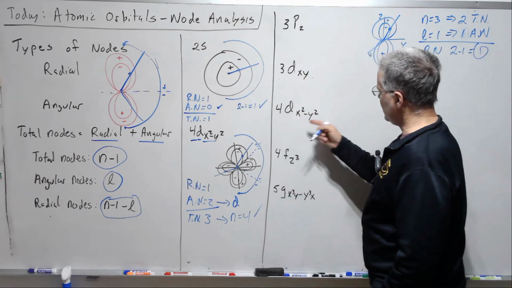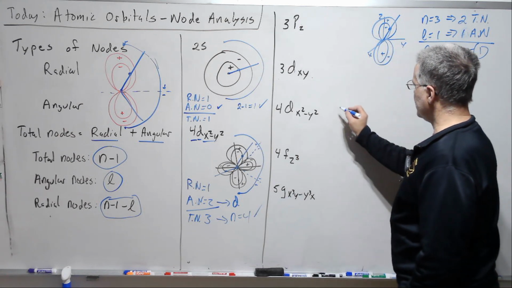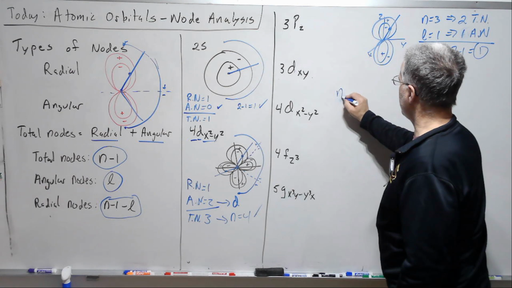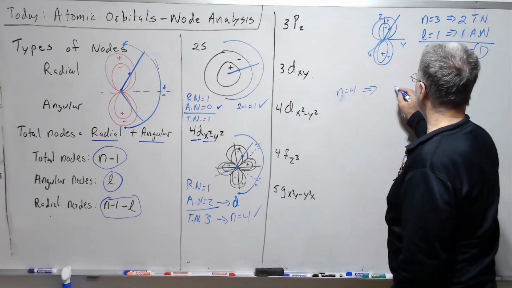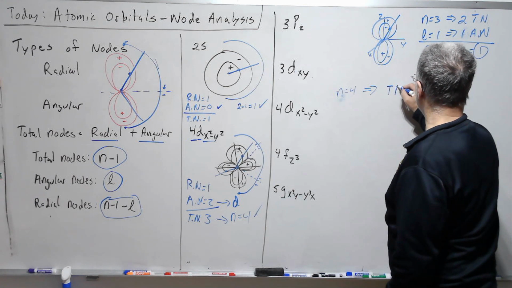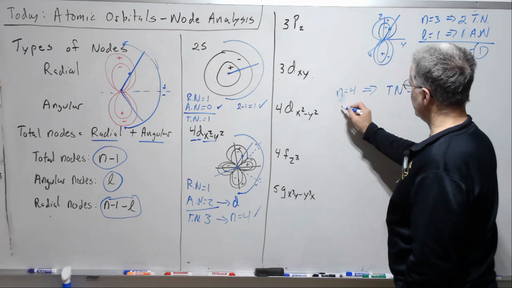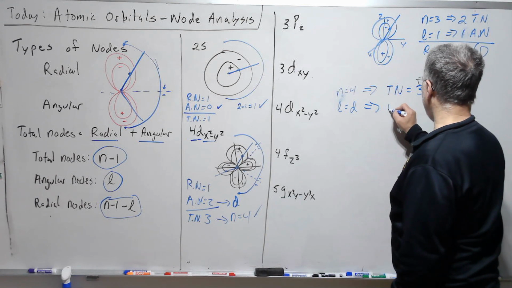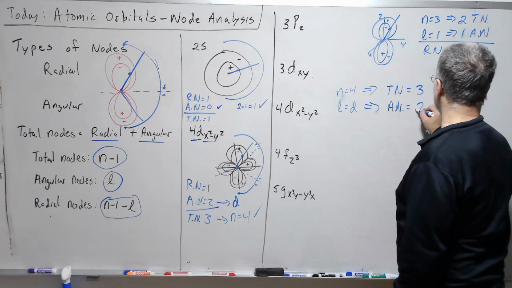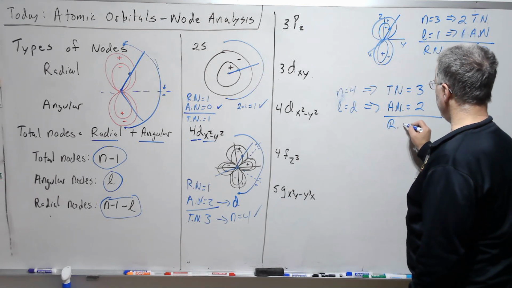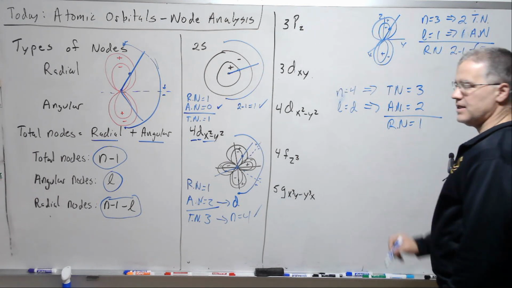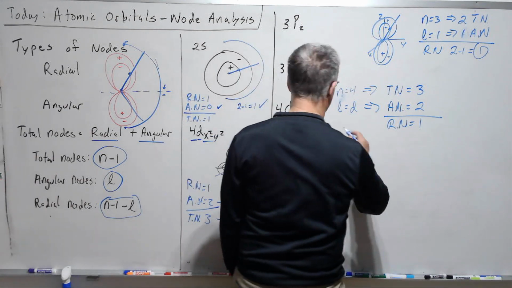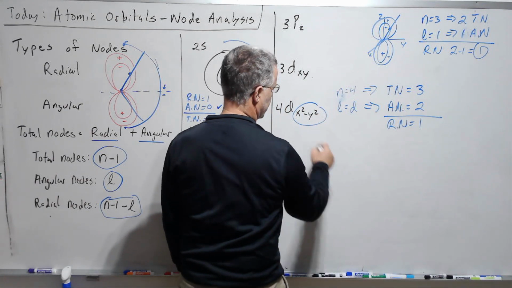We did this one. Let's do this one here. So let's do the full node analysis. N equals 4 implies total nodes equals 3. L equals 2 implies angular nodes equals 2. So therefore, radial nodes equals 1. And then this is telling us how to draw this.